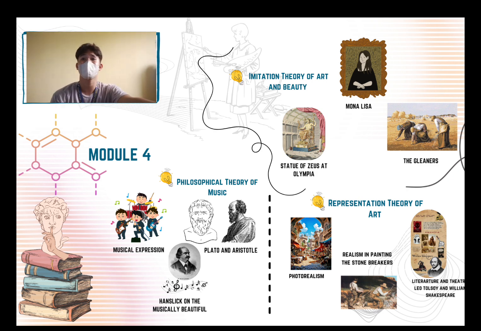Next is Hanslick on the musically beautiful. Hanslick believed that the beauty of music lies in its formal properties such as melody, harmony, and structure. I also believe that music becomes beautiful through its melody, harmony, and structure.